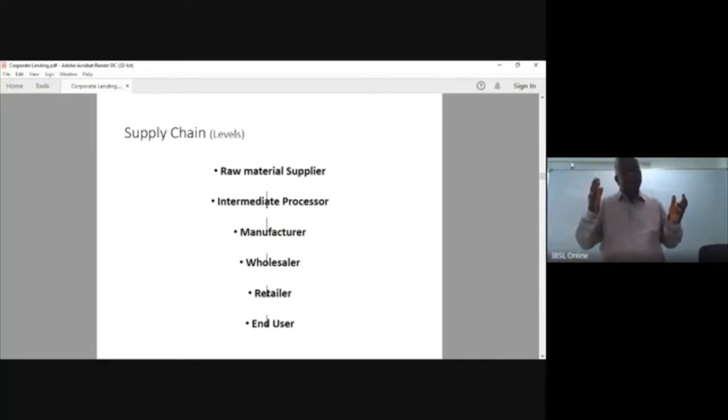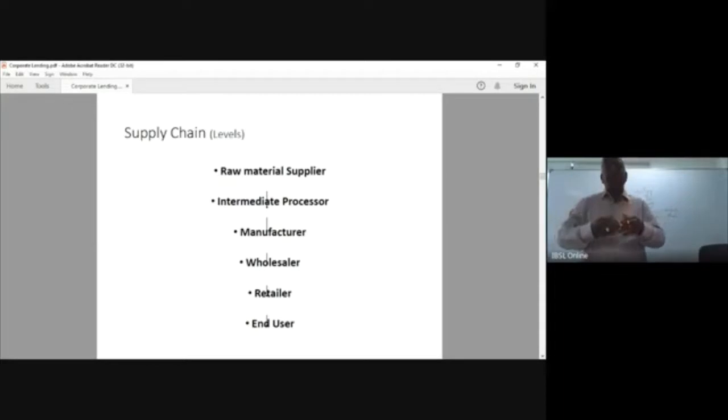The timber supplier, who cuts the timber and supplies it as a whole. Who is the next person? The intermediate processor, in this case the sawmill operator. He buys the timber, brings it to a sawmill, and cuts it into planks and other pieces from which somebody can manufacture furniture.